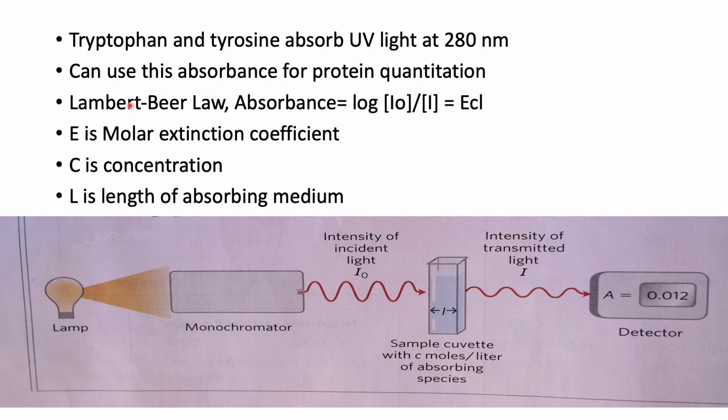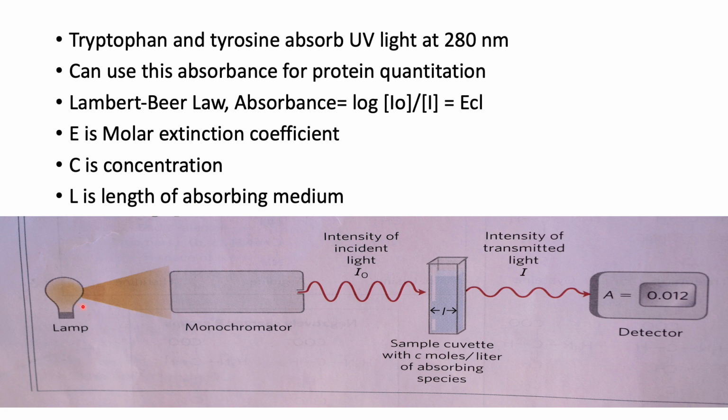So the Lambert-Beer law is used, and the absorbance that you're seeing is going to be equivalent to the log of the incident intensity over the transmitted light. This is equivalent also to ECL: E is the molar extinction coefficient, C is the concentration, and concentration and absorbance are proportional, and L is the length of the absorbent medium.